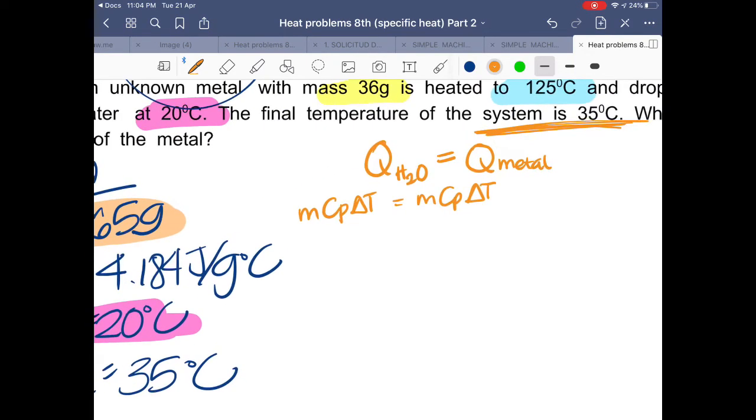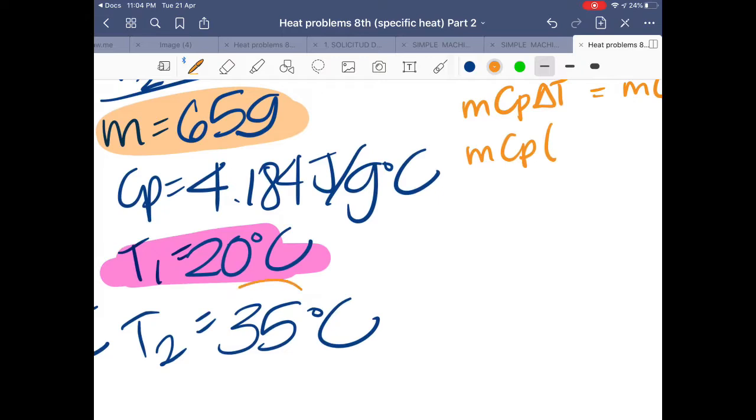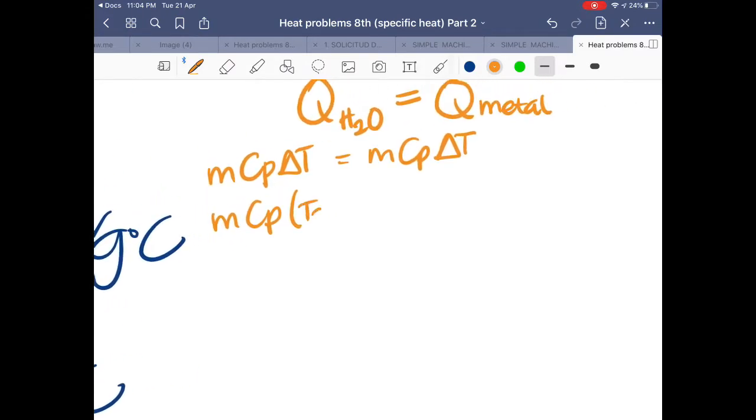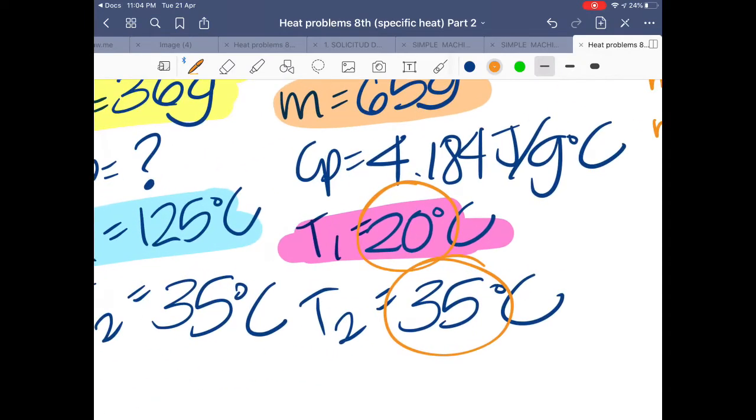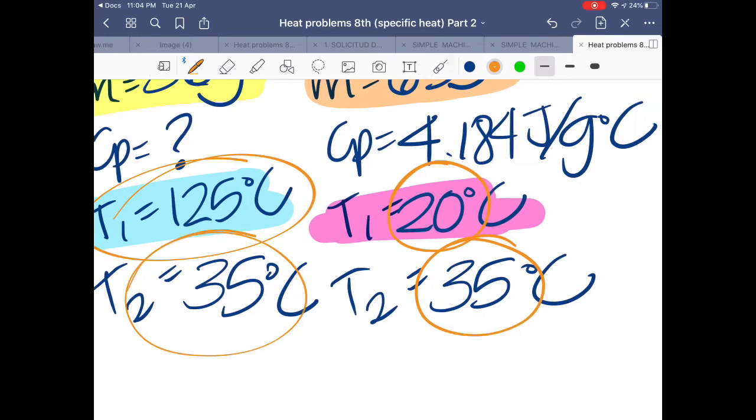The one of the water will be mass times specific heat times, you go to water and you see that 35 is bigger than 20. So it's temperature 2 minus temperature 1. You go to the one of the metal and you can see that 125 is greater than 35.